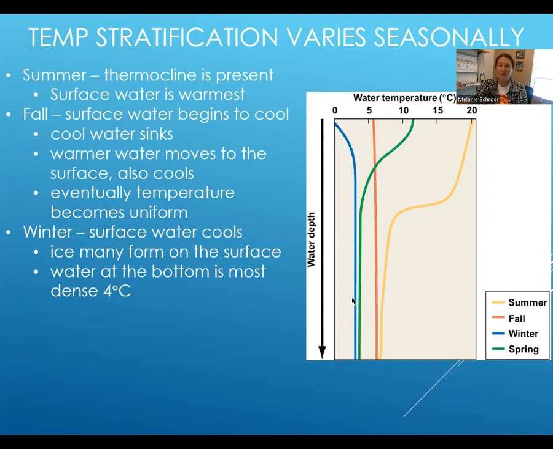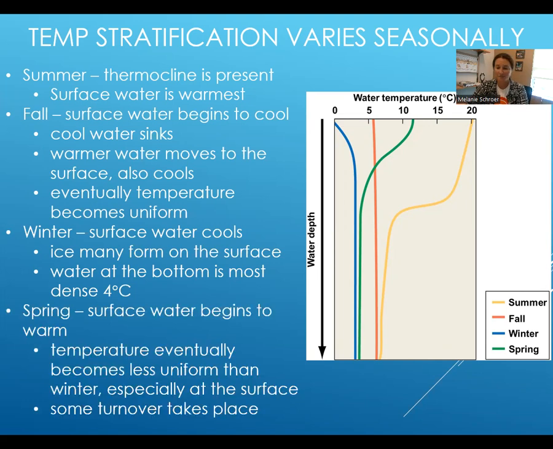This water down here is not frozen, and so this allows fish and other organisms to continue living, albeit at a lower activity rate than during the summer, but it allows them to not be frozen solid, because this area is insulated by the ice.